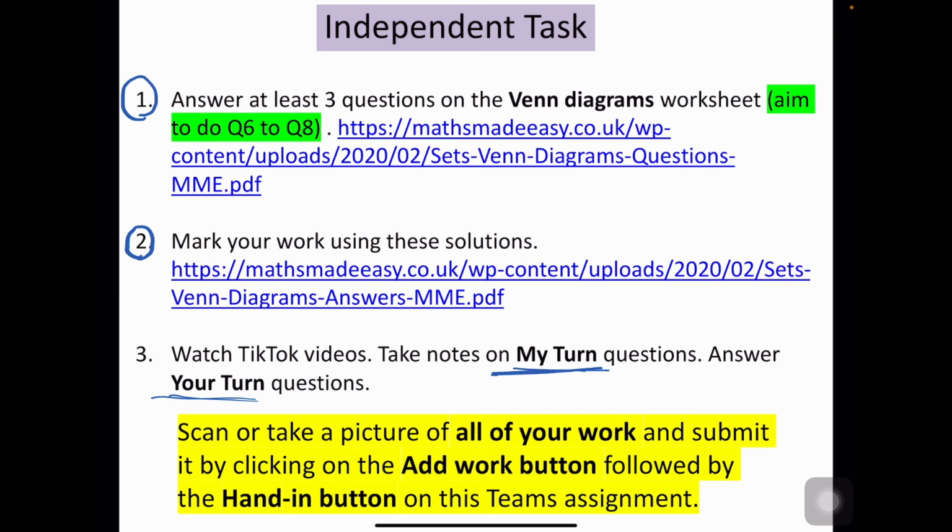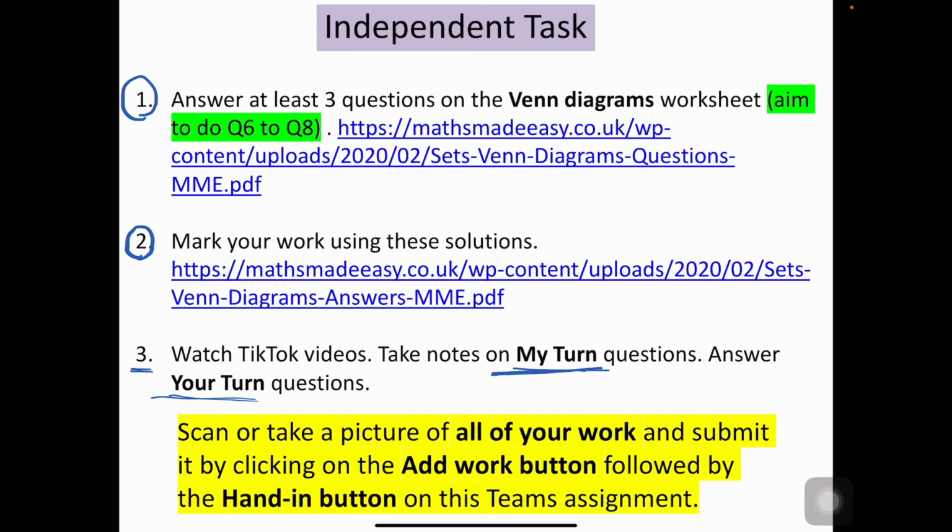It's really important to go through those TikTok videos as well, because they are questions which most GCSE maths students tend to find difficult. So it's really important for us to get as much practice as we can on those types of questions.